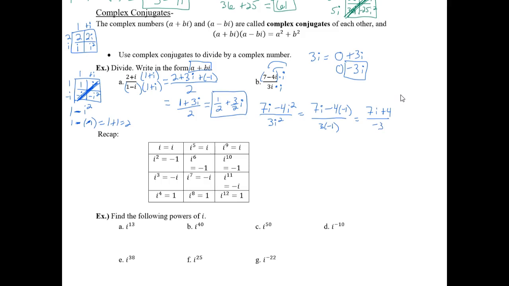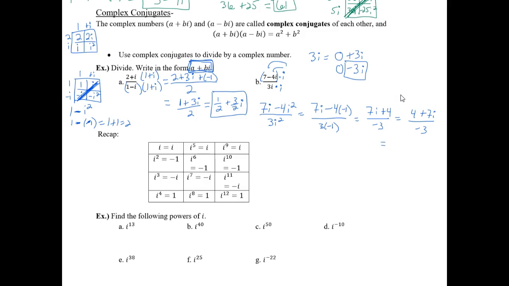Again, it asks for our answer in a plus bi form. So a is the constant, b is the coefficient of the I term. So I need to rearrange this a little bit. If it helps you, you could put 4 plus 7i first, just to make sure it's in that a plus bi form. But then I need to actually separate those.